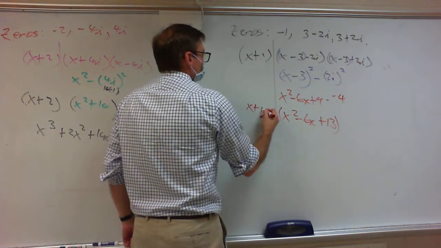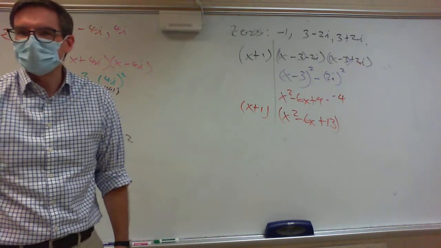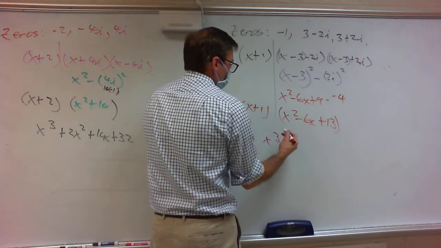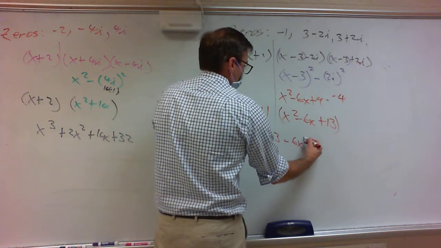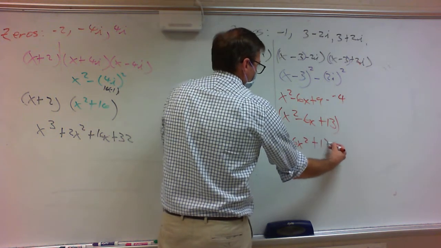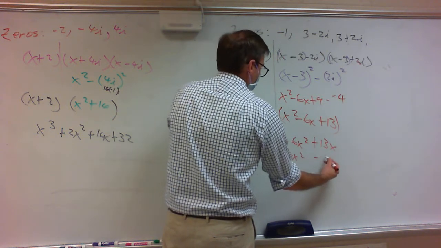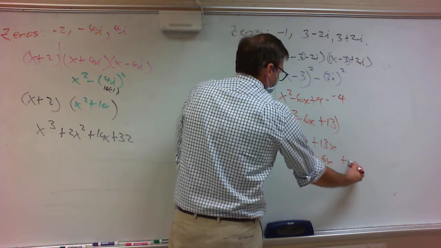And I get an x plus 1, and now it looks like all the other problems. When I multiply it out, that gives me x cubed minus 6x squared plus 13x plus x squared minus 6x plus 13.